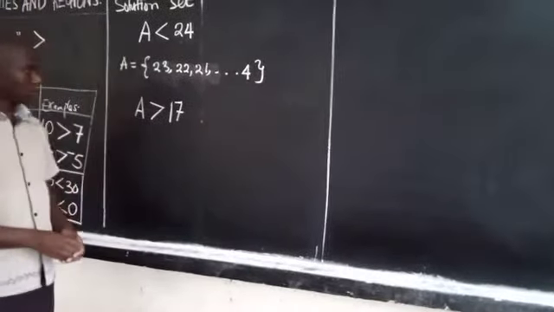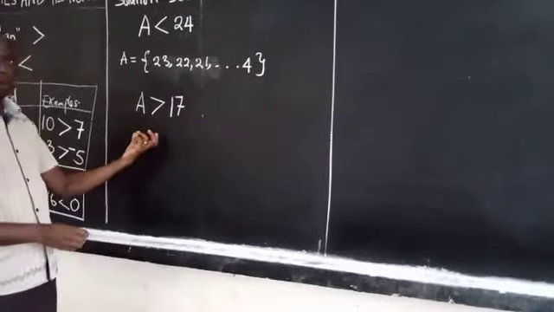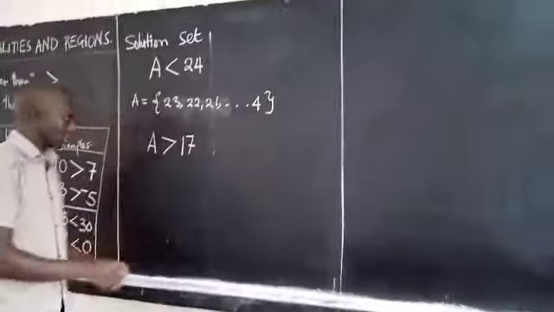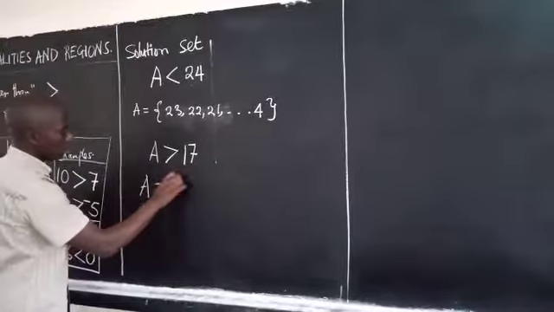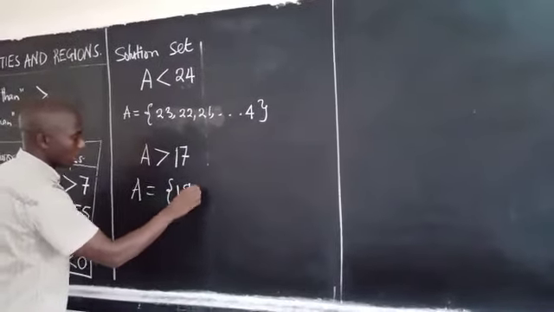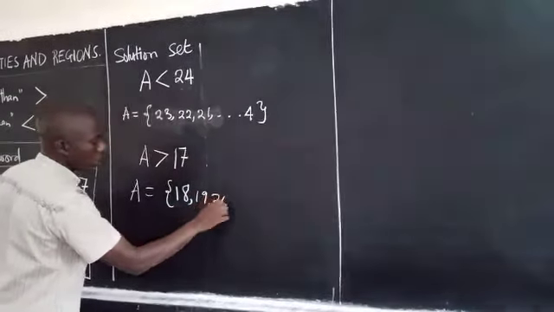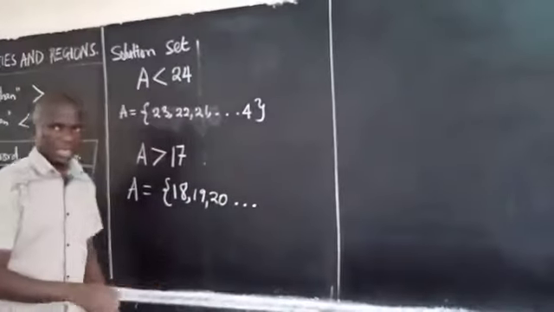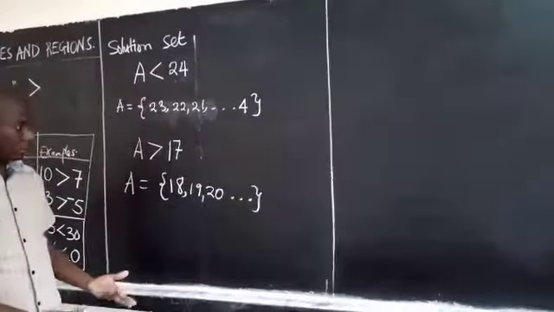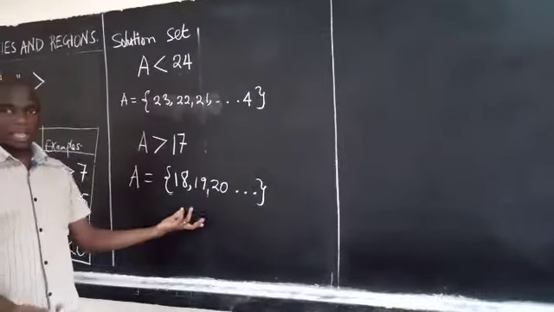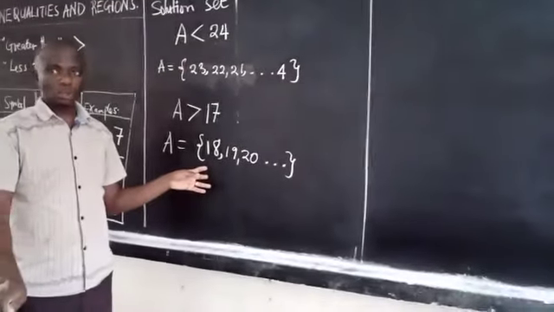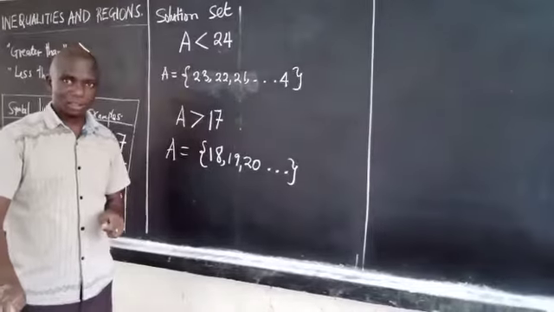This means the solution set for the age of the people who will be eligible to vote, they will range from 18, 19, 20, and onwards. Which means that somebody who is 36, 72, 100, they are eligible to vote. This is what we are calling a solution set.